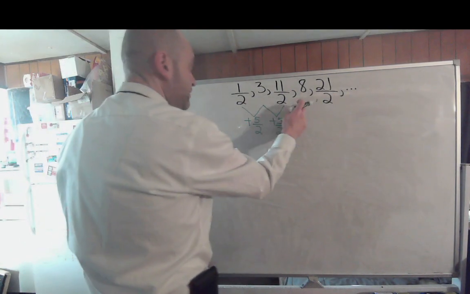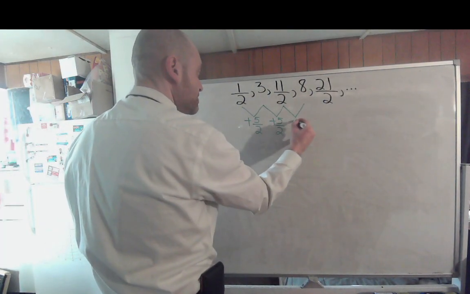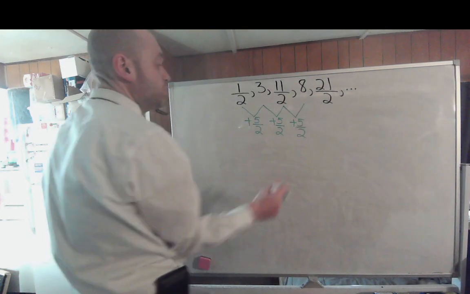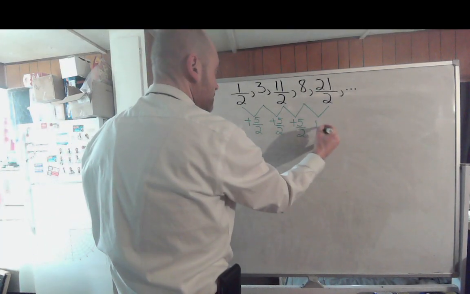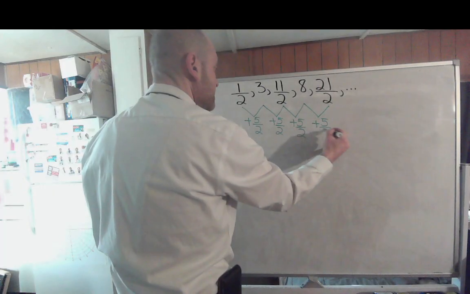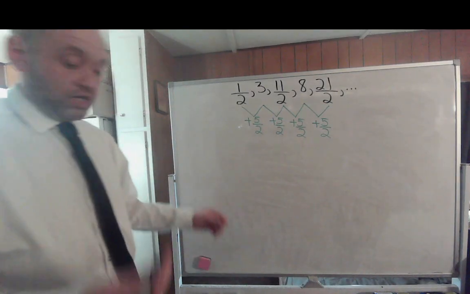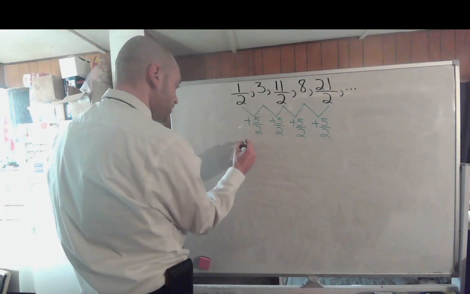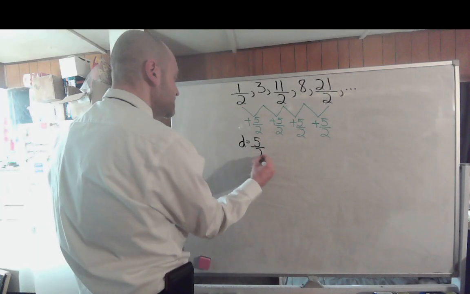Now, between 11/2 and 8, well, 8 is 16/2, so yes, it goes up by another 5/2. And then between 8 and 21/2, yes, it goes up by another 5/2. So this would be an arithmetic sequence because you have the same common difference of 5/2. So the common difference would equal 5/2.